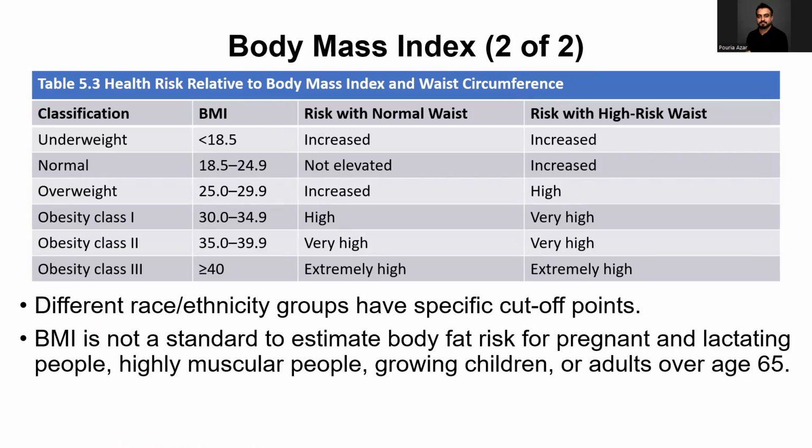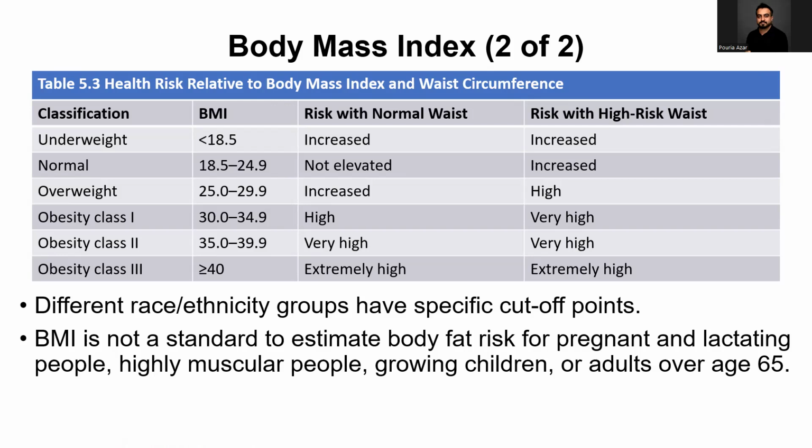And these are the categories for BMI and the risk. Here we have normal waist and high risk waist. If we have BMI as underweight and we have normal waist, we have an increased risk for some health issues.